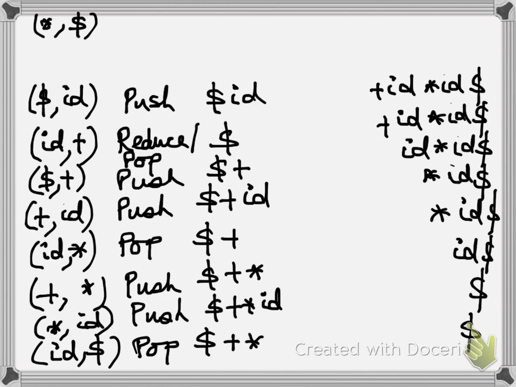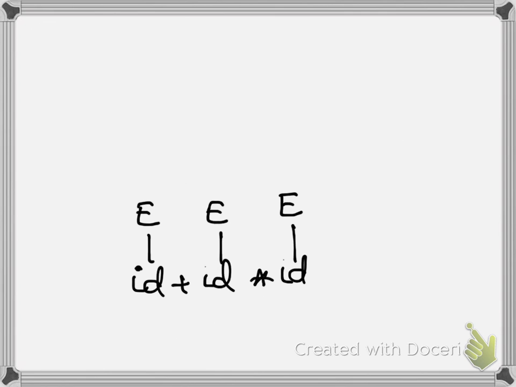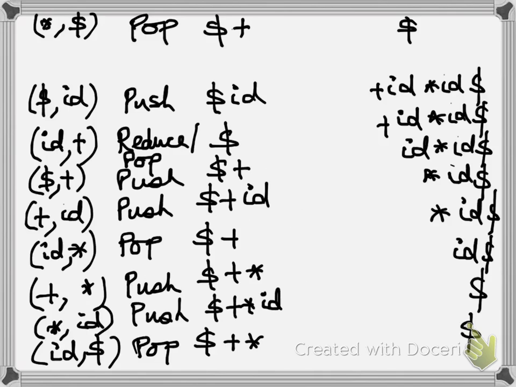Star is greater than dollar, so we are going to pop. So what am I left with? In the stack I have dollar and plus. So what we have done is we have used this production. We have done this reduction.